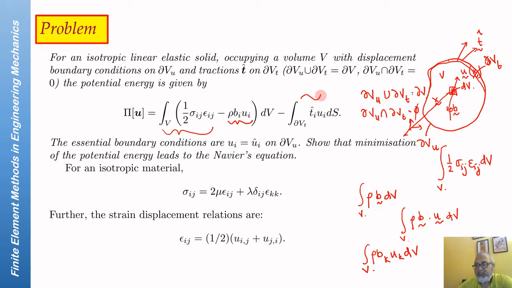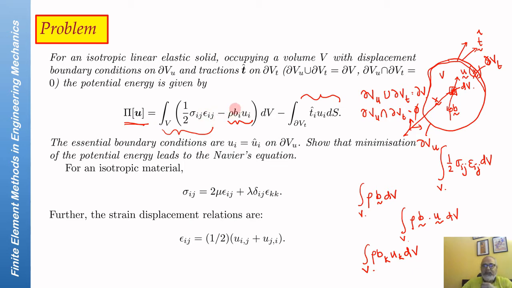So this is the potential of the body forces. Similarly, this is the potential of the surface tractions which are applied on delta Vt. So total strain energy stored minus the potential of body forces and the potential of surface tractions gives you the scalar called potential energy, which is a function of u. So this is a functional which contains u as well as derivatives of u, which are hidden here.